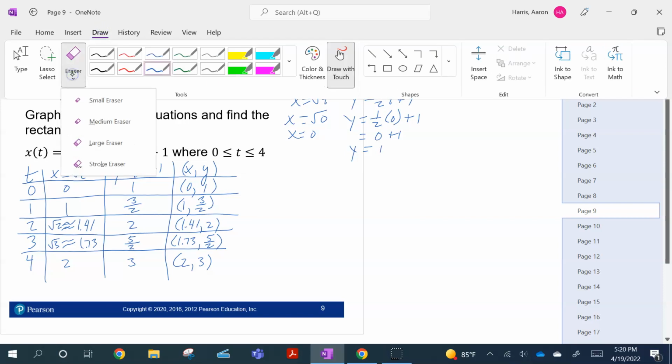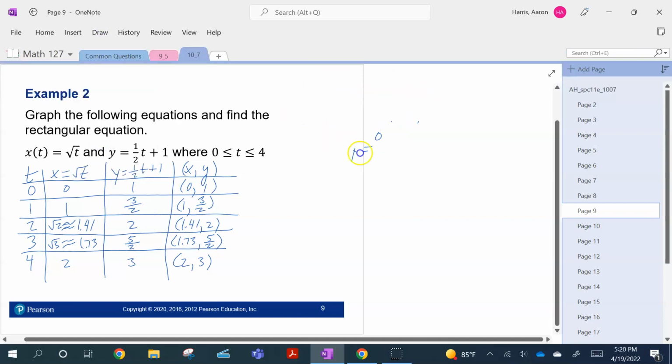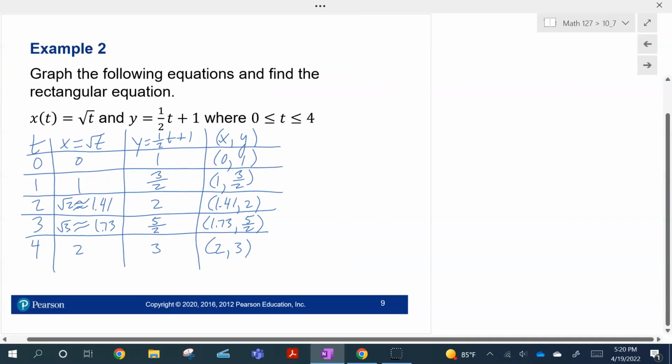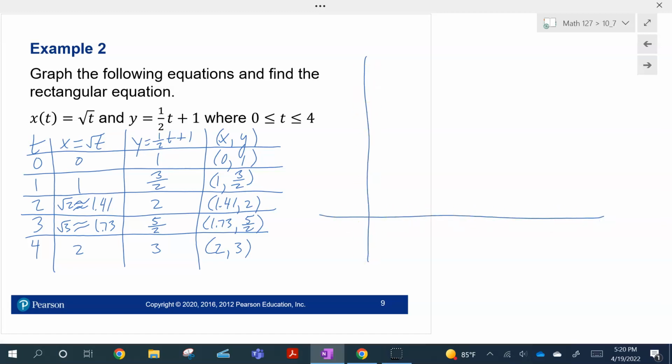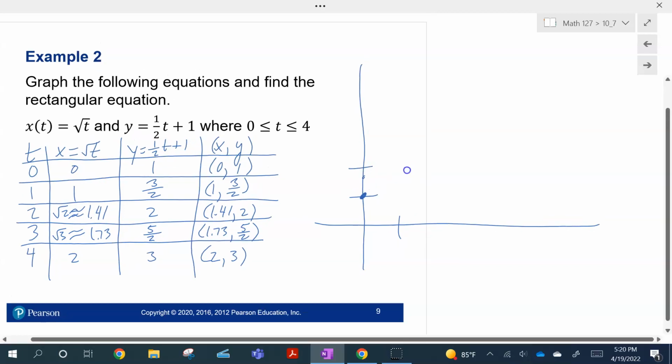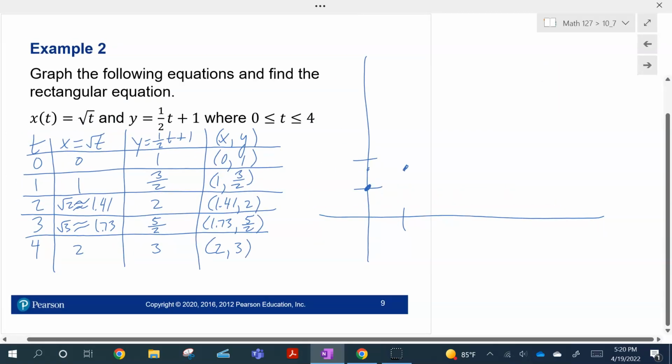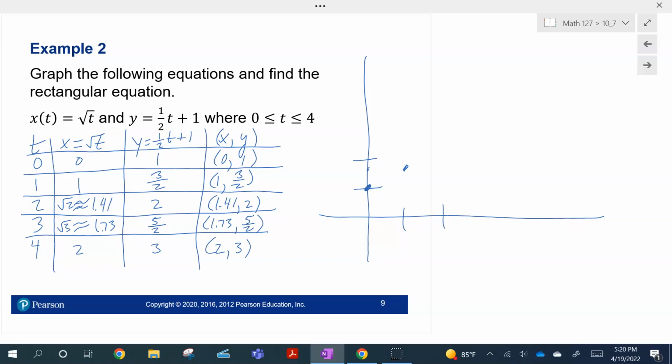Let me erase some of this to have room to graph. Let's go ahead and graph this. So I got 0 comma 1 starting out right there. 1 comma 1.5, sorry, right there. We got 1.41 comma 2.